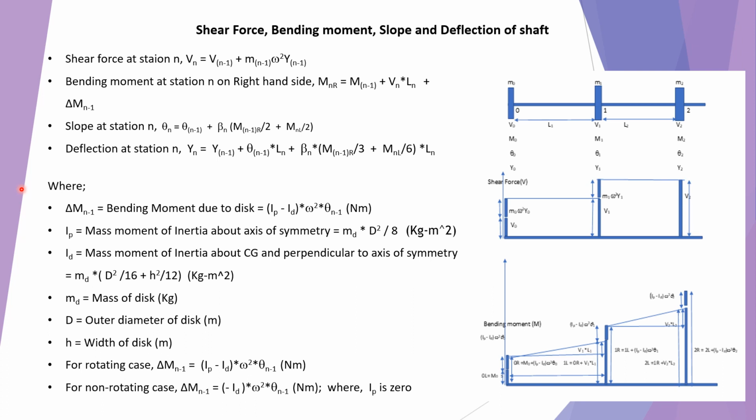where delta Mn minus 1 is the bending moment due to disk, which is equal to (Ip minus Id) into omega square into theta n minus 1.